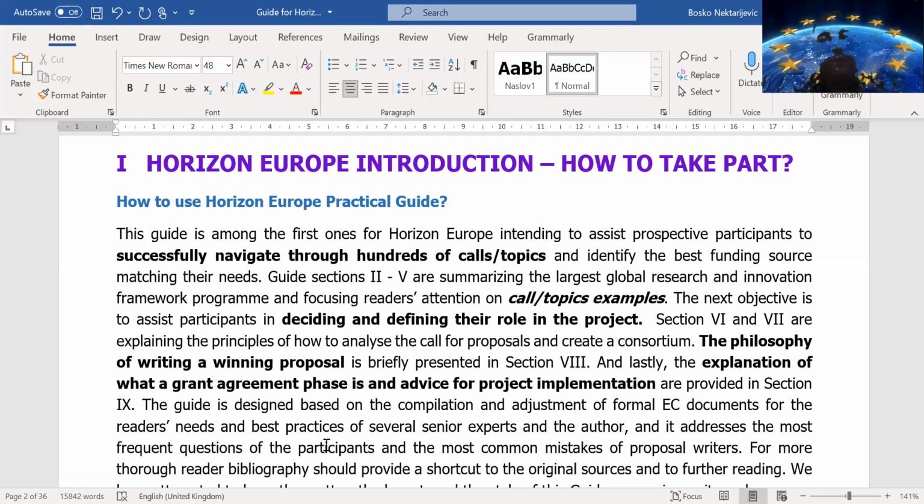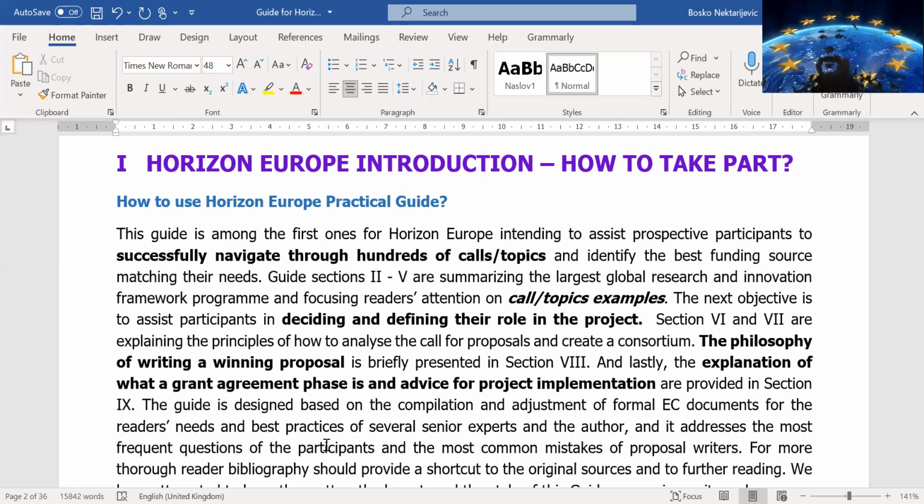So a few words about the authors. The guide is actually designed based on a compilation and adjustment of many formal European Commission documents for the reader's needs and the best practices of several senior experts who I had the privilege to work with. And of course, my own experience, which is extensive for over 20 years.